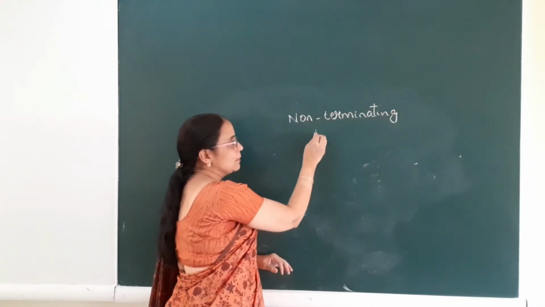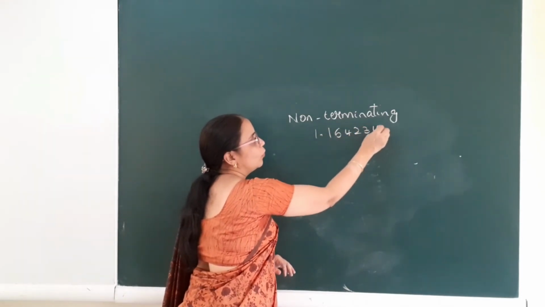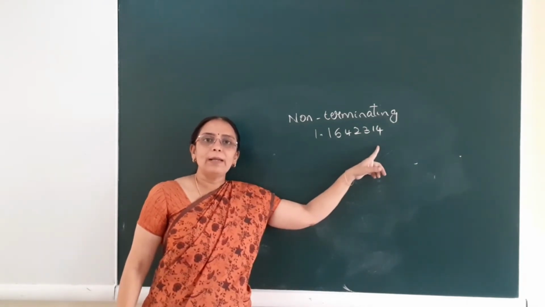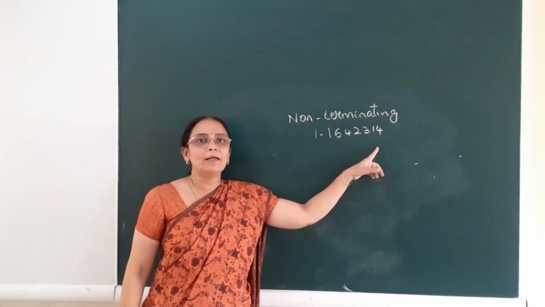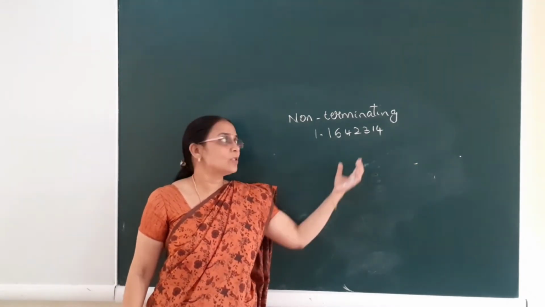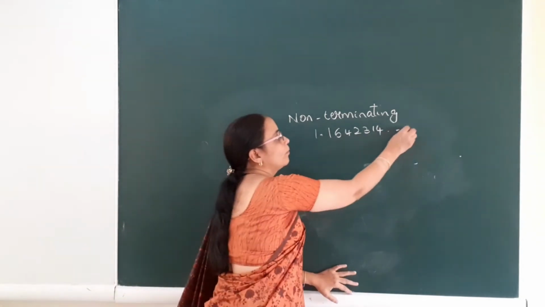Like if there is a decimal like 1.1642314 like this, it's not going to terminate at any point of time. Rather it is going to go like this. The division will never become 0. So the quotient is becoming like this and so on.